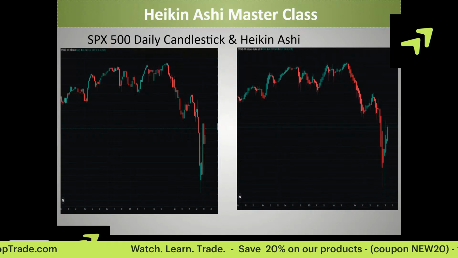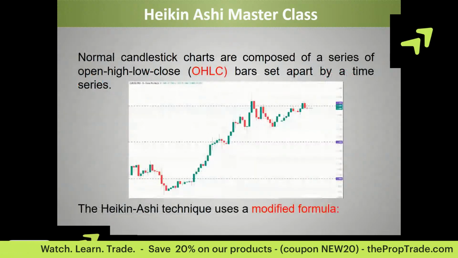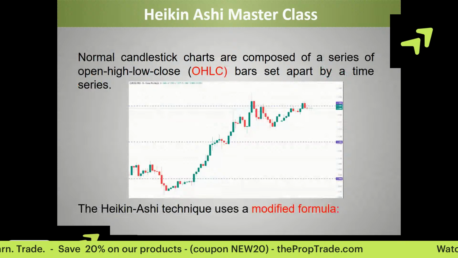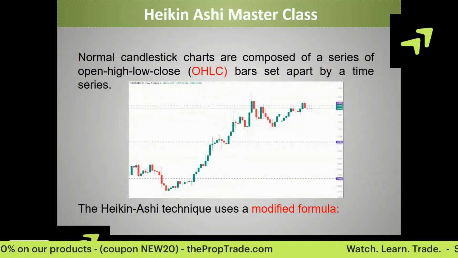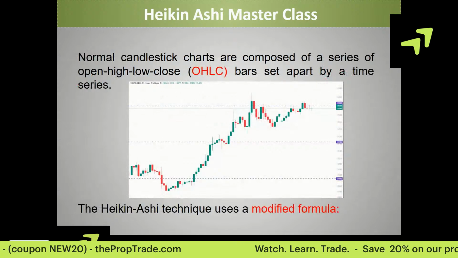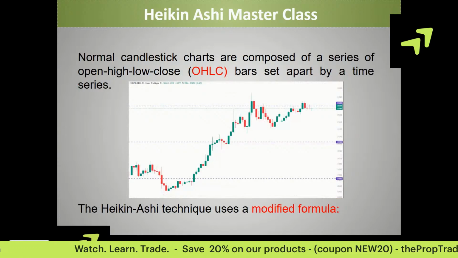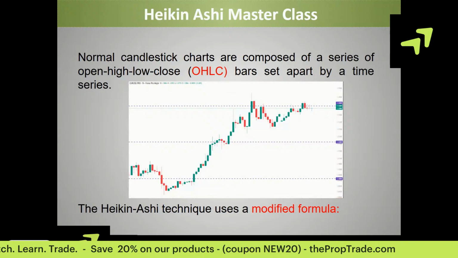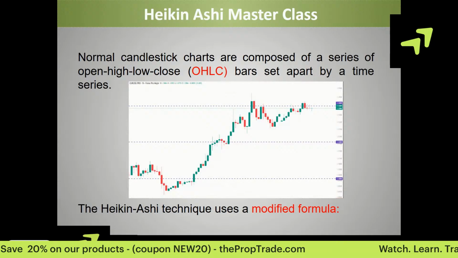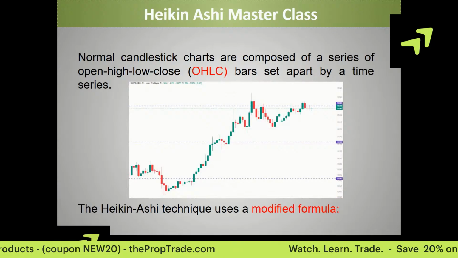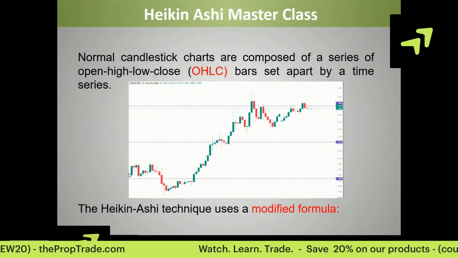So that's the basis of Heikin-Ashi candles. Normal candlesticks, as we know, present the open, high, low, close, or the OHLC. And all candlesticks are fractal in nature, so whatever time frame the candle is presenting, each candle represents that time frame.